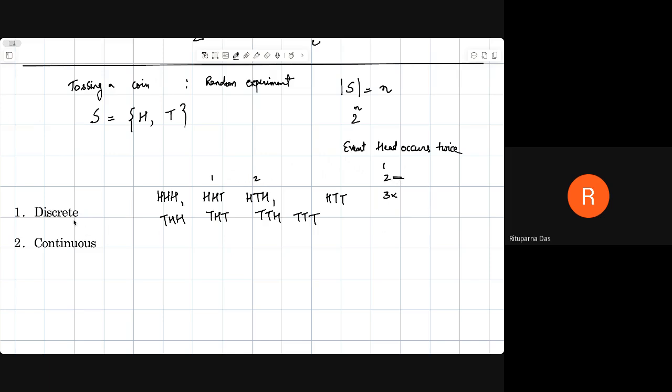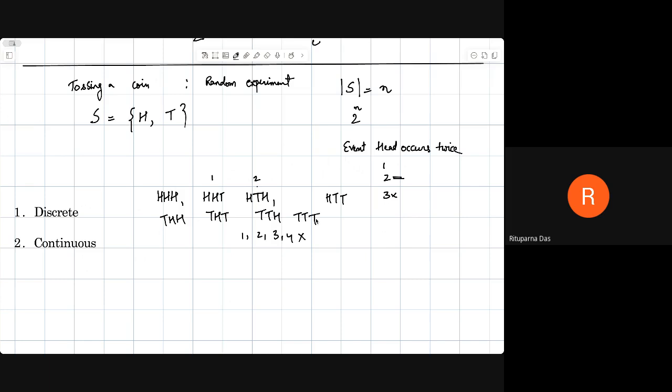So for discrete probability distribution, we should be able to count. And for continuous probability distribution, we cannot count like 1, 2, 3, 4. For example, when we are measuring something, the scale is like say 15.2, 15.4, 30.2.